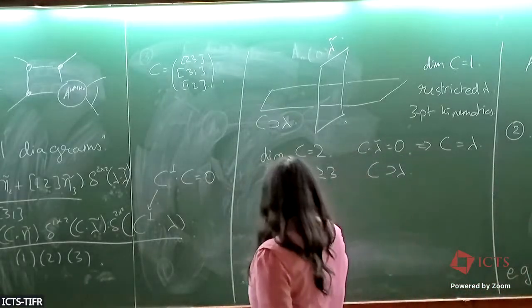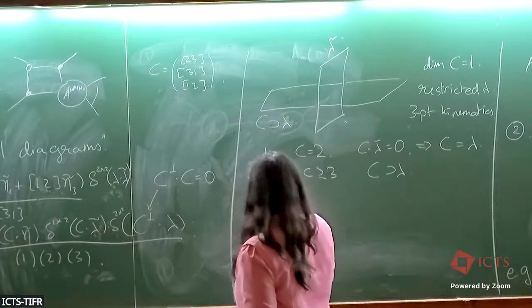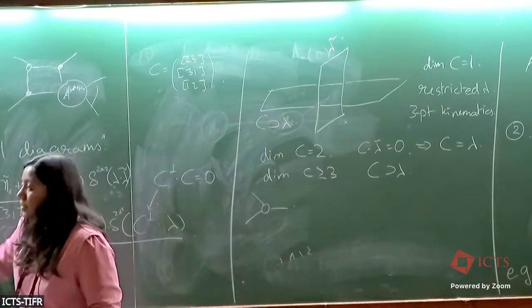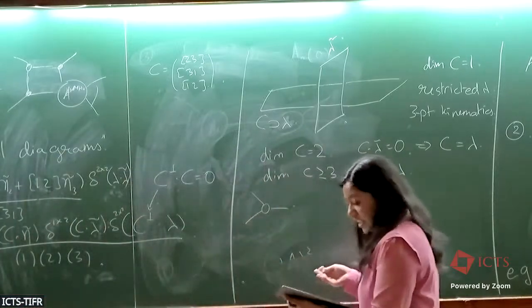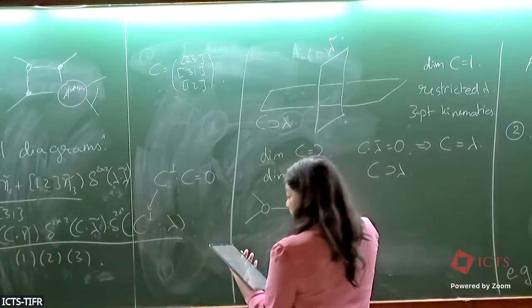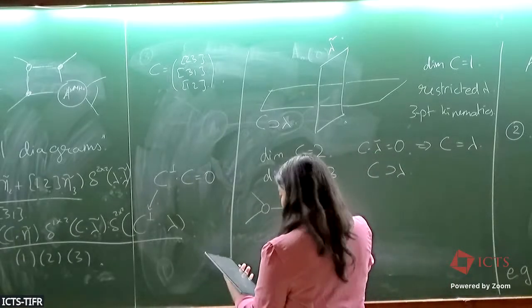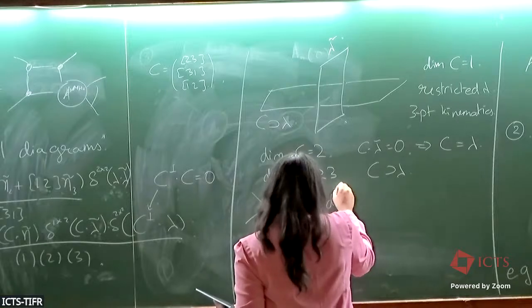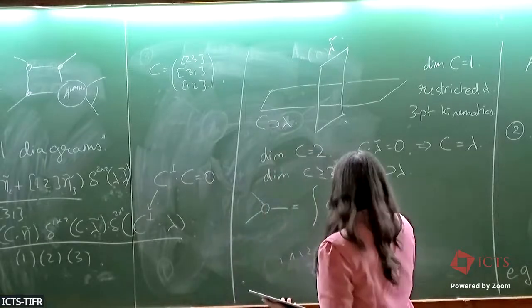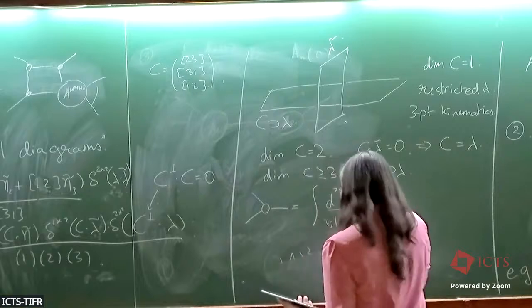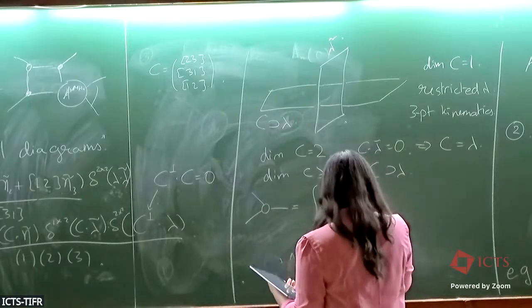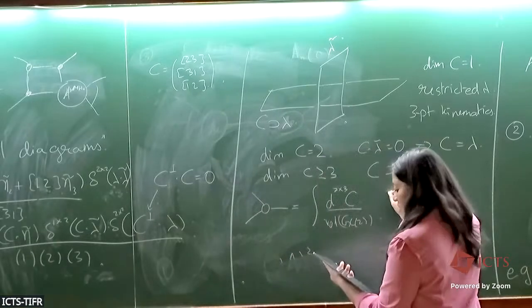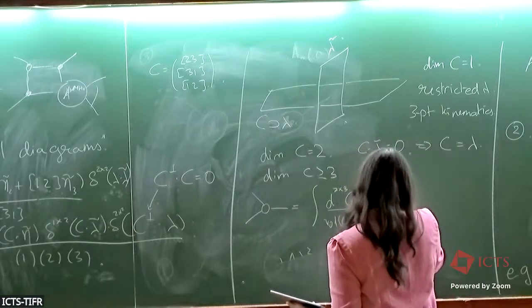Right. So obviously, it's not only that you can write the black vertex, you can also write the white vertex. And so the white vertex is a similar integral, but now the size of the C matrix is slightly different. But you still have the same delta functions.